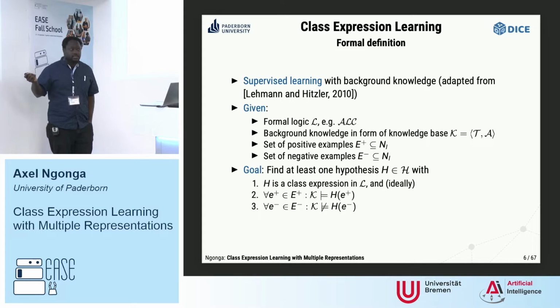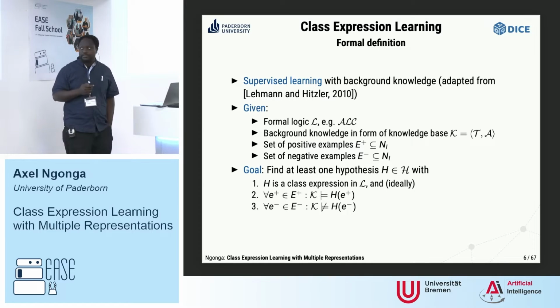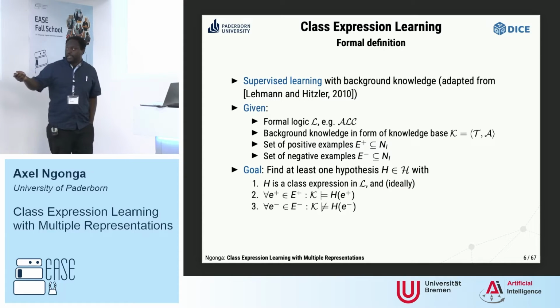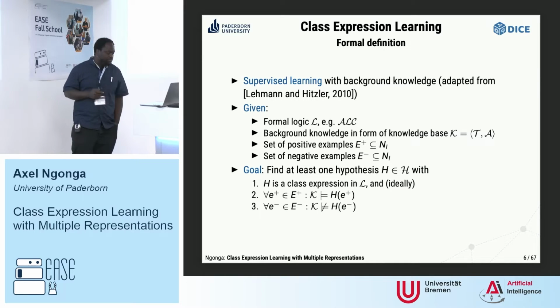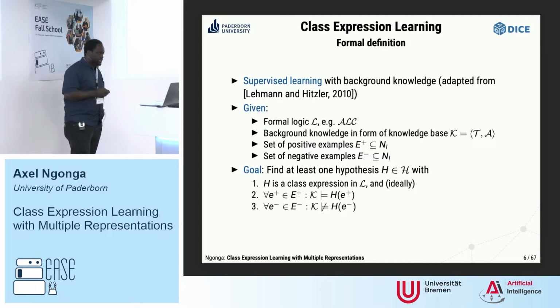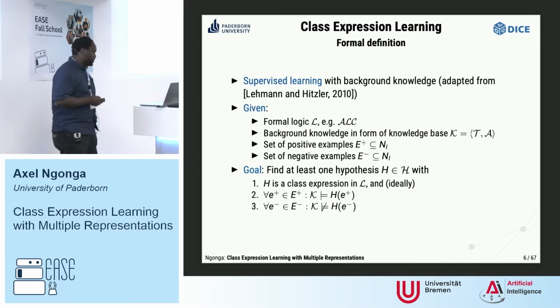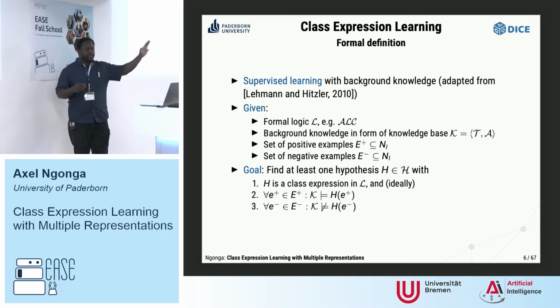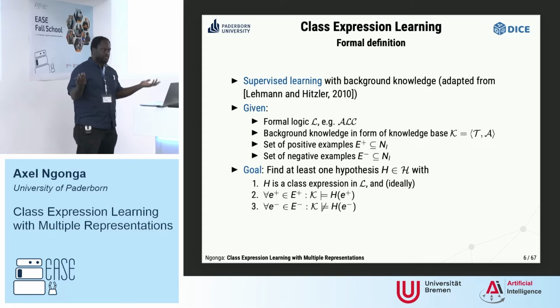And ideally, and this "ideally" is actually quite important because in most cases finding exactly an ideal solution is difficult, if not impossible, for all positive examples we can infer H(E+) from K. And for the negative examples, H(E-) cannot be entailed from K. So basically, we want to find a class expression which describes the positive examples and does not describe the negative examples. That's fundamentally what we're after.